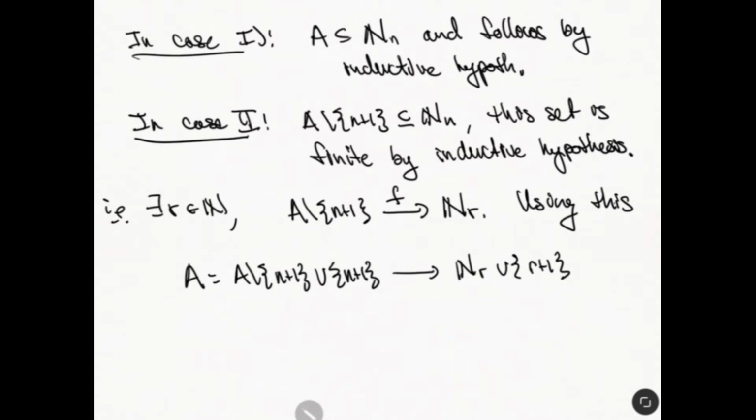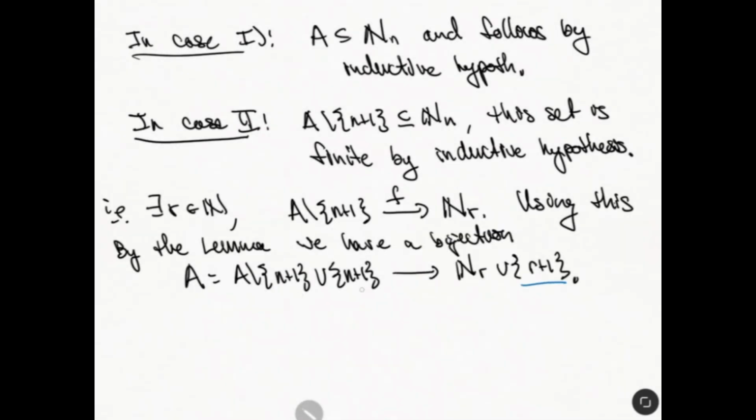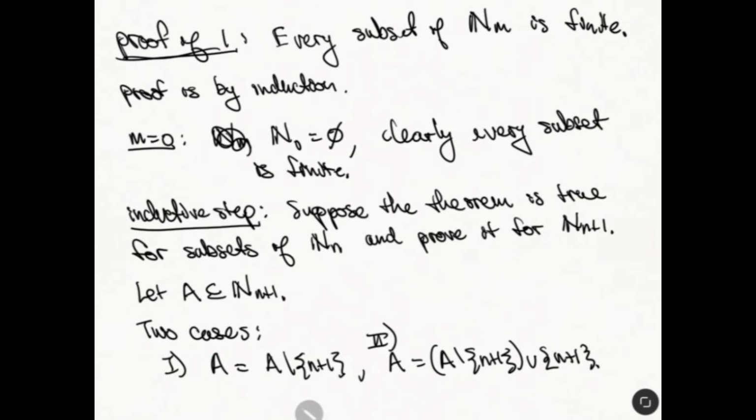So by the lemma we have a bijection like so, because we have these two isomorphic singleton sets, and by the inductive hypothesis we have the isomorphism between these two things, and this whole thing here is N_{r+1}. So these are in bijection. Okay, so this is the proof of 1.